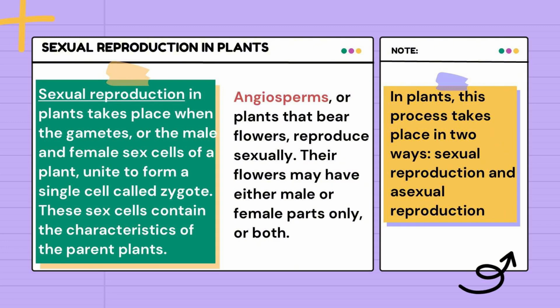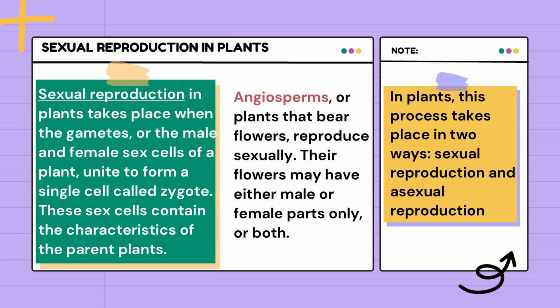Gametes are the egg cell and the sperm cell, or the sex cells. Sexual reproduction in plants takes place when the gametes, or the male and female sex cells of a plant, unite to form a single cell called zygote. These sex cells contain the characteristics of the parent plants.